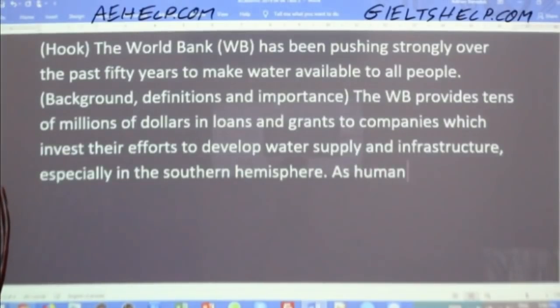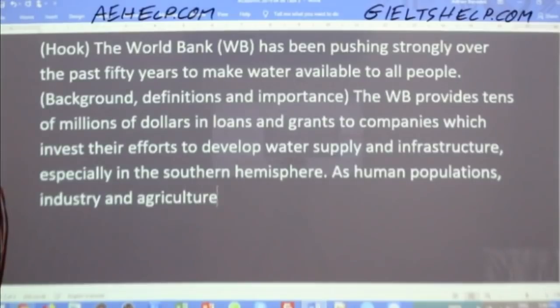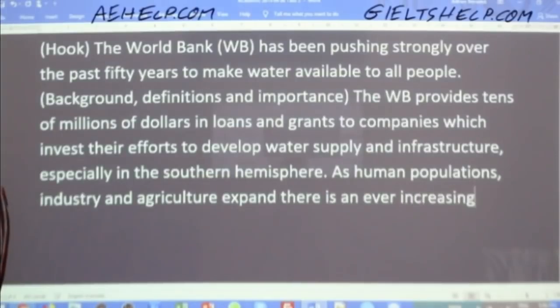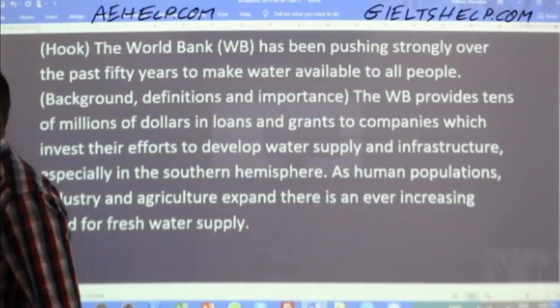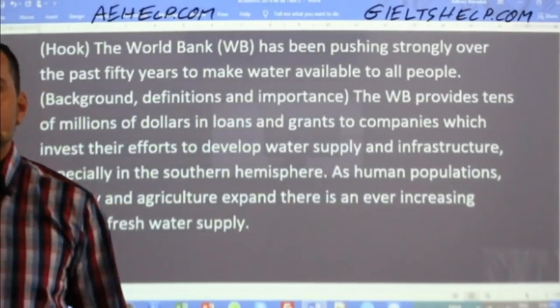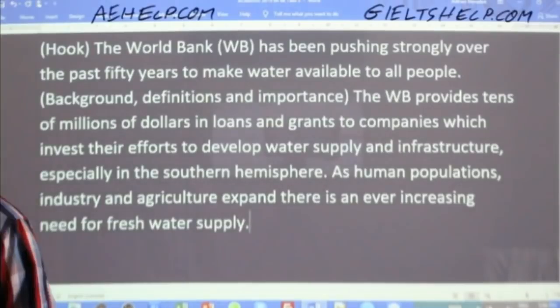As human populations, industry, and agriculture expand, there is an ever increasing need for fresh water supply. Okay, that's the importance of the question.